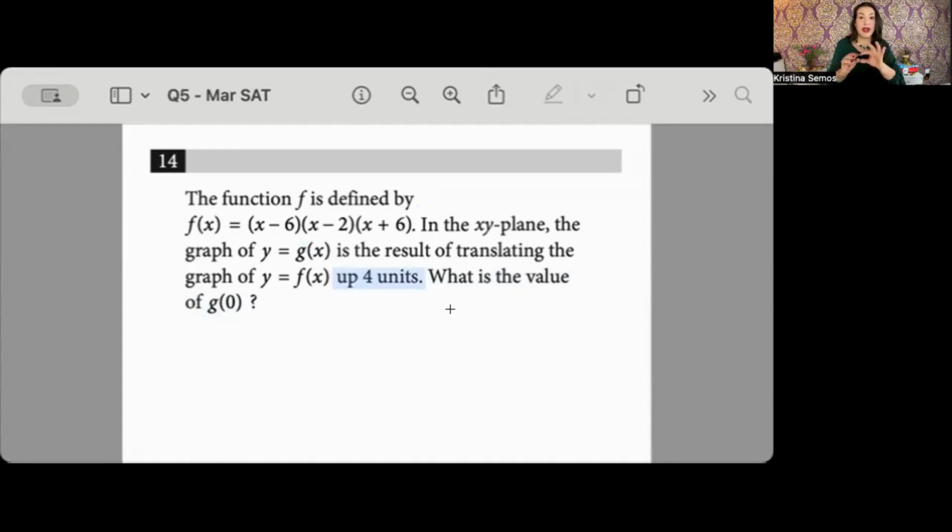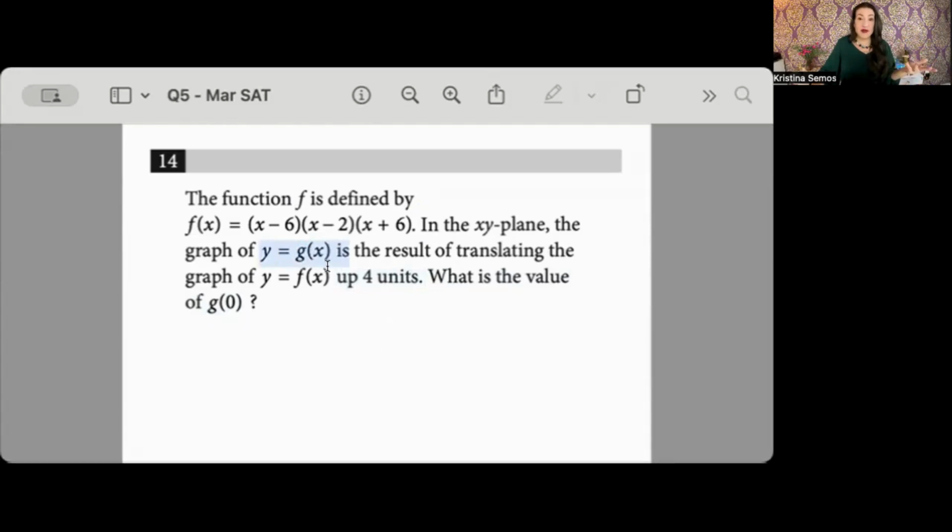Subtract 3, literally minus 3 in the equation. If they ask me to raise something up by 4 units, which is what they're asking me here, awesome. I take what I have and I literally say plus 4. So I'm going to add that to the appropriate term in my polynomial. And now I've got my new polynomial of g of x.